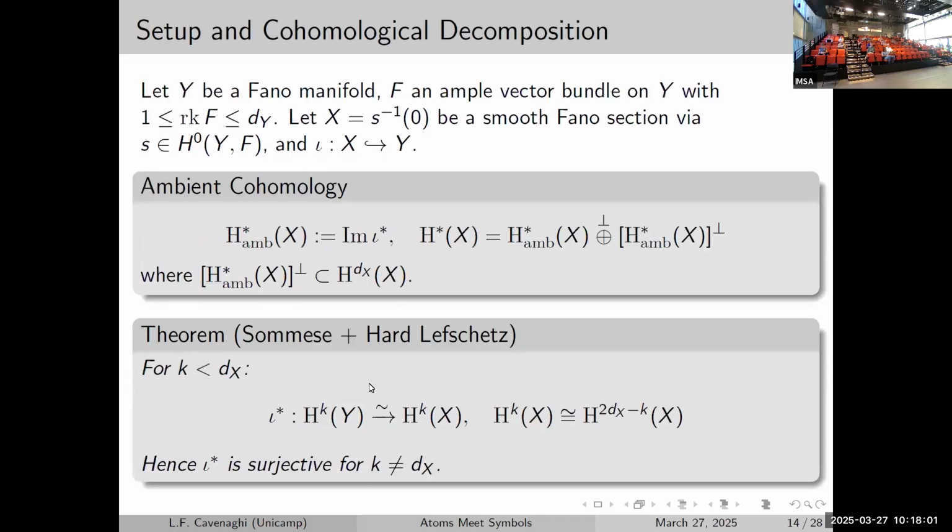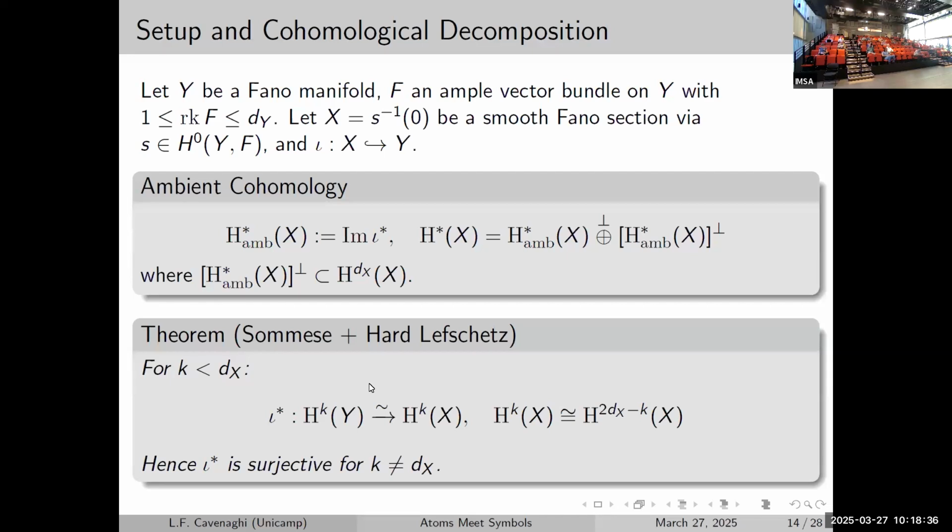To present an example, we pick Y to be a Fano manifold, then you choose an ample vector bundle on Y. You choose its rank, and then you can choose some section such that the preimage of the zero shall be a smooth Fano section. Then you look at this preimage X sitting inside of Y, and you have the ambient homology, and then the complement of the ambient homology with respect to pairing.